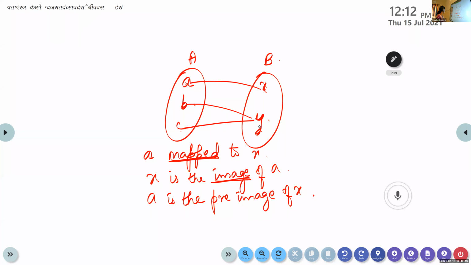One more example, and after that we can move on to the problem. Note down these terms. We are learning them this year, and next year also you will be using these terms: image, pre-image.